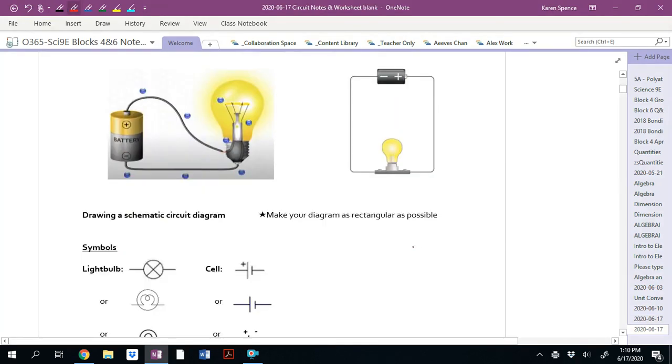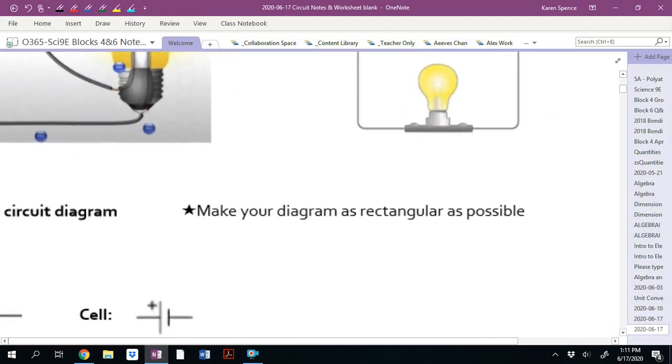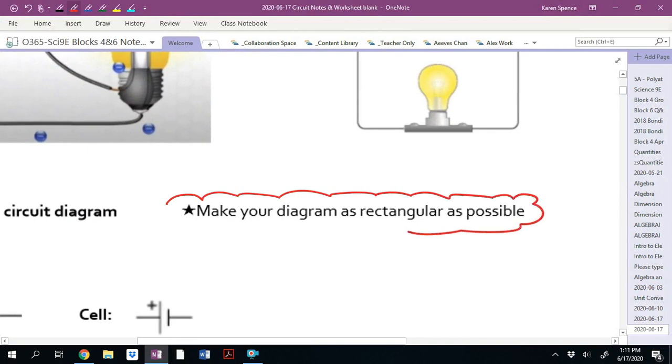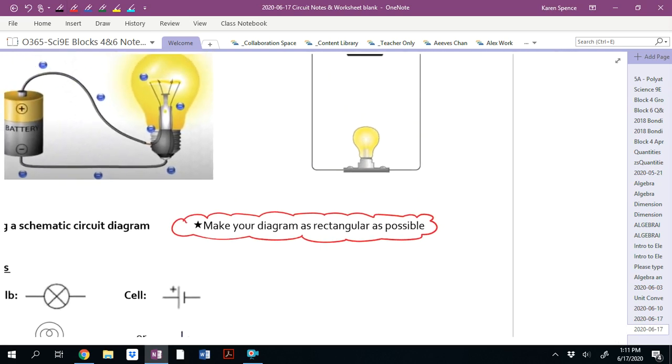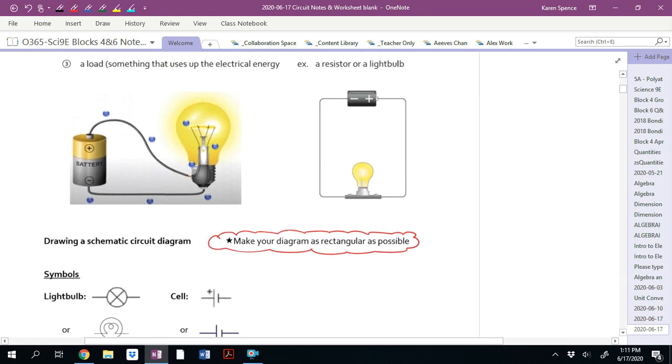Anyway. Okay, so we were going to draw a schematic diagram, and one of the things that you need to realize is that you need to make your diagram as rectangular as possible, okay? So no jiggity jogs, no wibbly wobblies, just square and boring, okay?